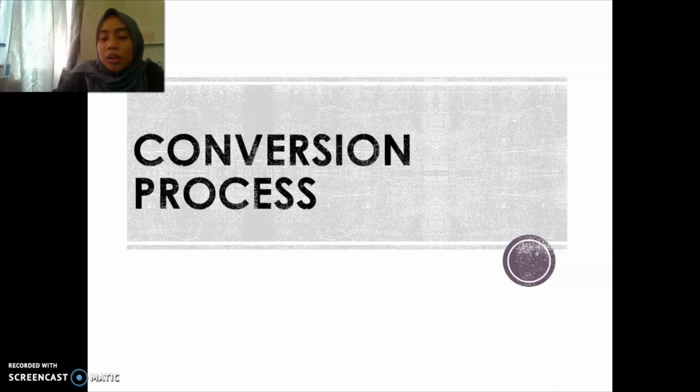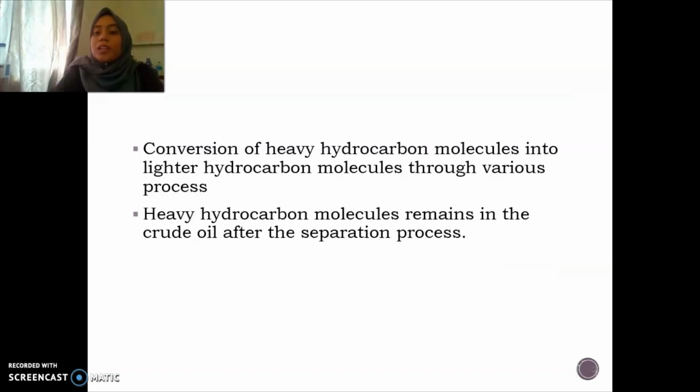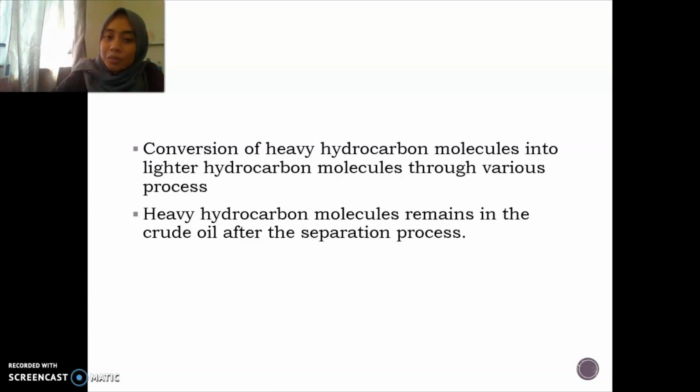So today we are going to revise the combustion process. I know that every one of you is familiar with this process as we already learned it in refinery. The combustion process is a process used to convert heavy hydrocarbon molecules into lighter hydrocarbon molecules through various processes.